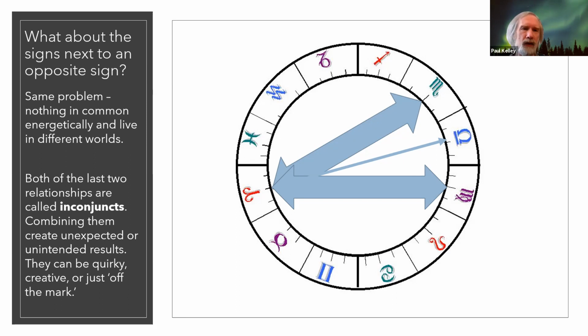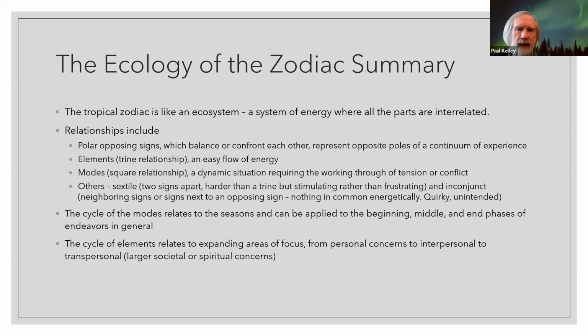You express something with one intention, but it's taken a different way. This can be very creative. These people can have very unique talents, the people that have these energies combined in their chart. But there is no straightforward way to express a connection between these two signs.